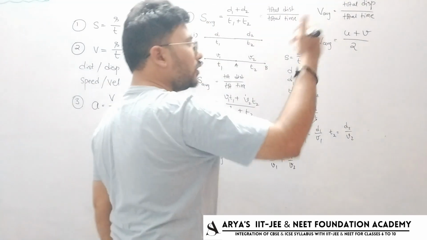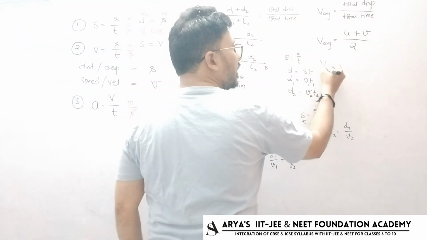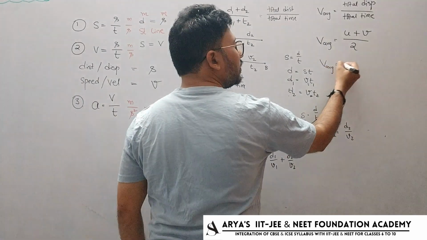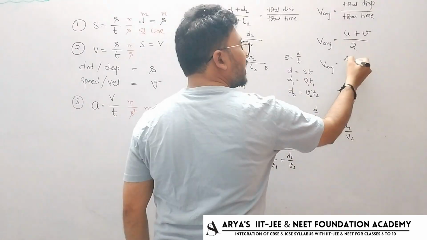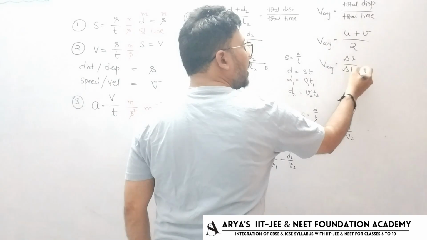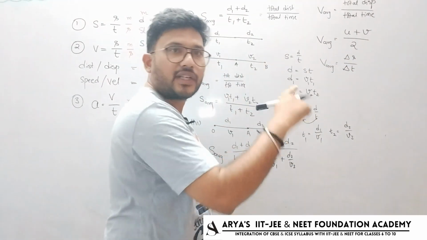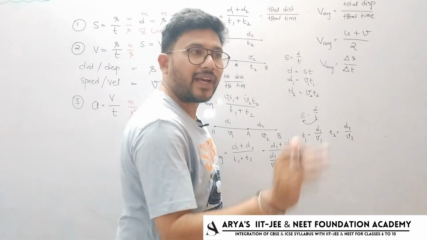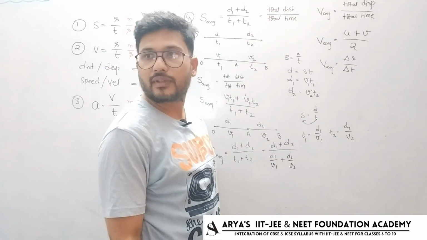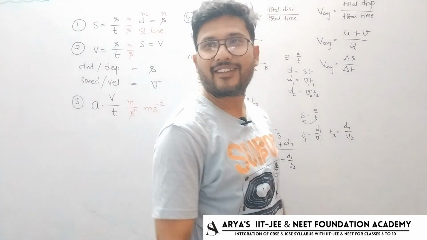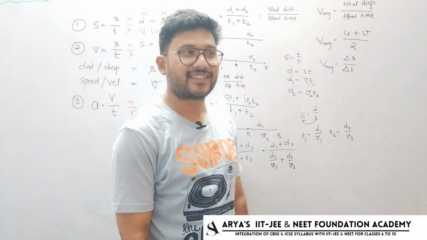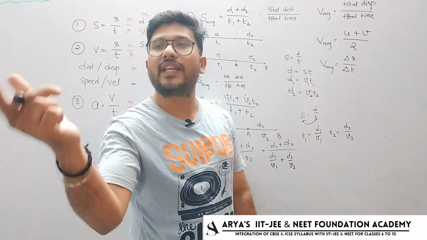Now, if you go to 11th class, we have one formula like VAVG is equal to delta S by delta T. Delta means, in chemistry delta means temperature. In mathematics and in physics delta means small change.